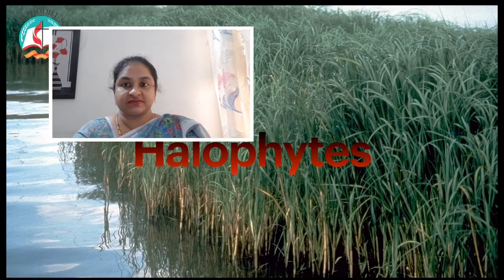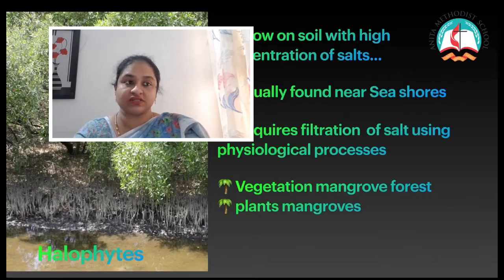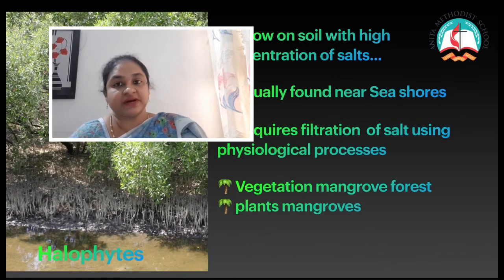What is this? Halophytes. Look at the picture. What are halophytes? Halophytic plants grow on soils with high concentration of salts. So where do we have salt water? In the sea. So these types of plants are found in the seashores. The plants are physically wet but physiologically dry.